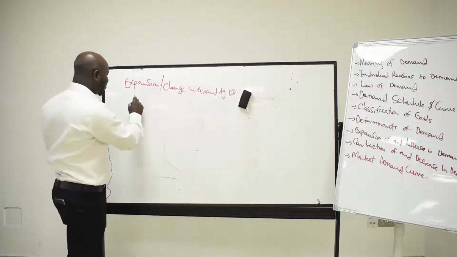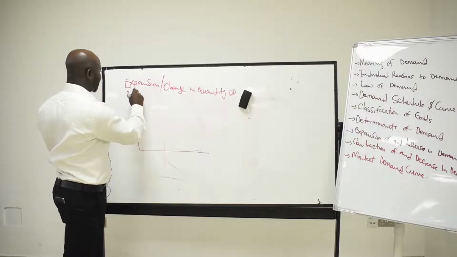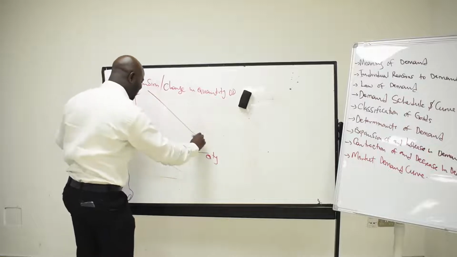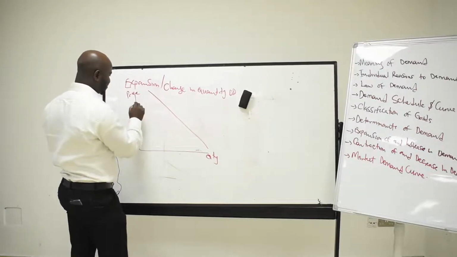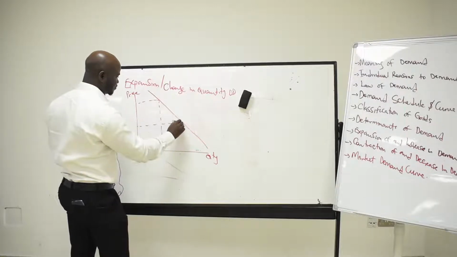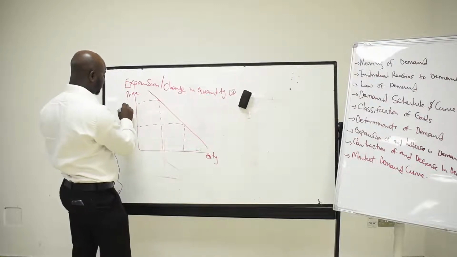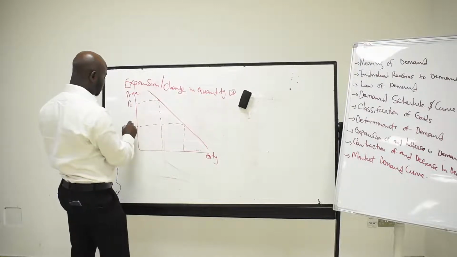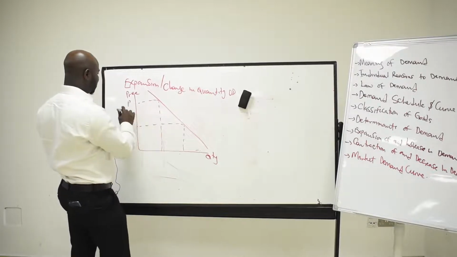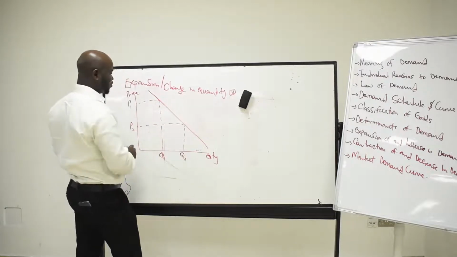And we can use a diagram to illustrate this. This is price here. This is quantity here. Let's say this is P1, P2, Q1, Q2, right?